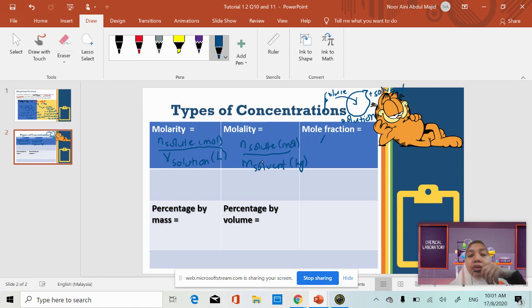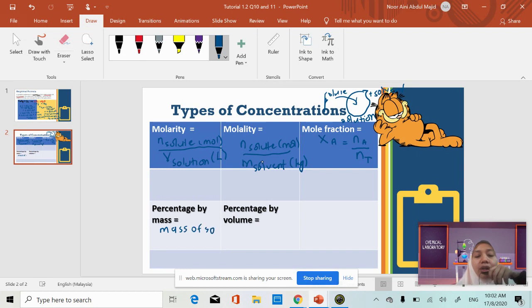Mole fraction, the symbol for mole fraction is X. So if we are referring to the mole fraction of A, that means the formula is the number of mole of A over the total number of mole in the solution. And next, we have percentage by mass. What is the formula?